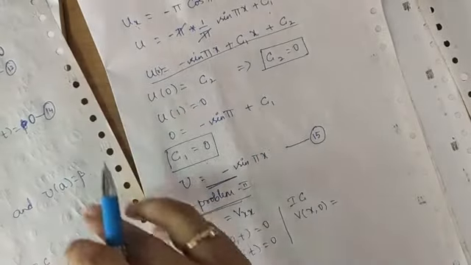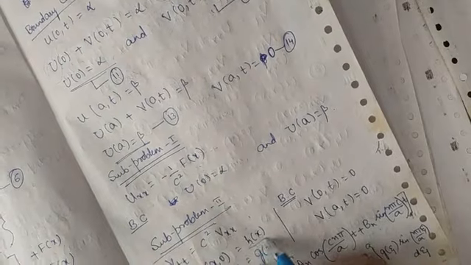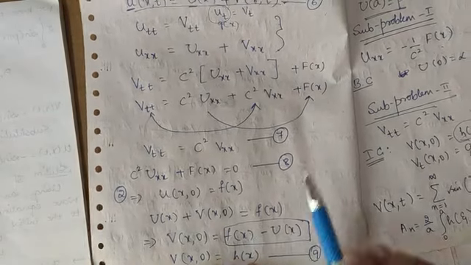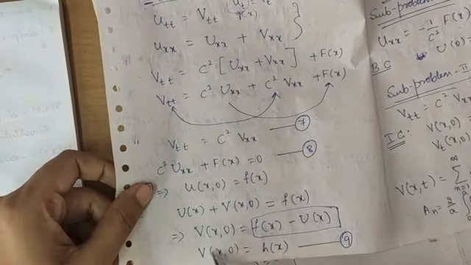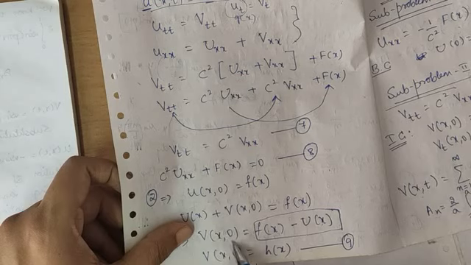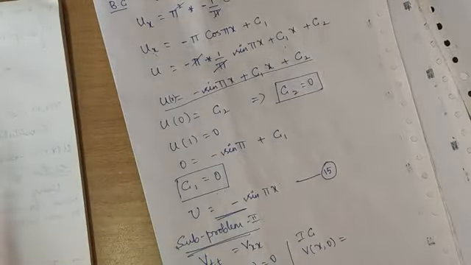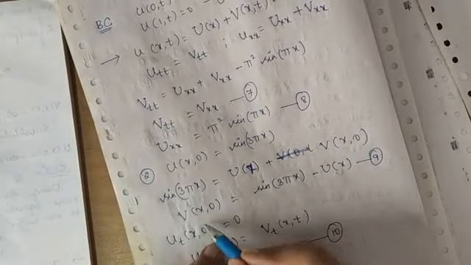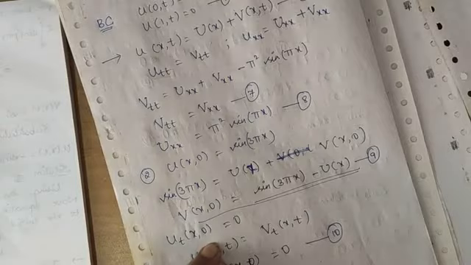x. In method I have shown you that h of x is f of x minus u of x. So you have found out v of x comma 0, that is nothing but your h of x now. What you got in the place of v of x comma 0? This is your v of x comma 0 from equation 9.